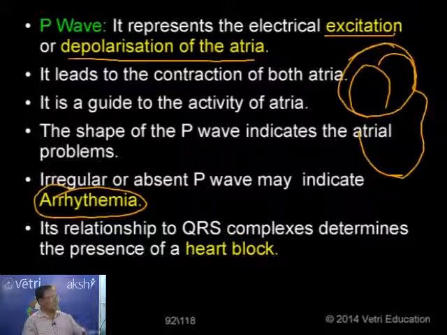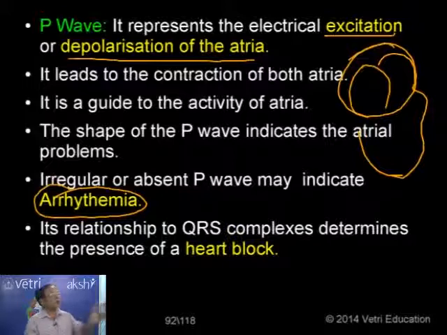What is arrhythmia? Irregular heartbeat. Under arrhythmia, the heartbeat may be irregular, meaning either over rate or under rate, that is, increased rate of heartbeat or decreased rate of heartbeat, together known as arrhythmia. So arrhythmia means irregular heartbeat.